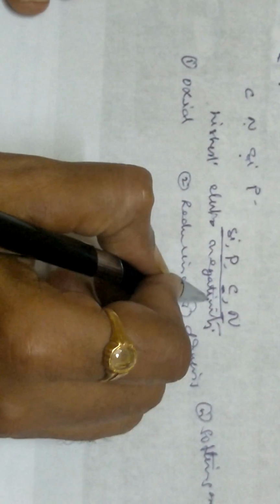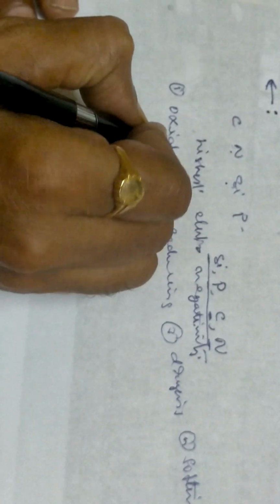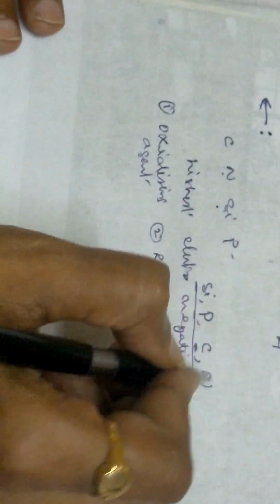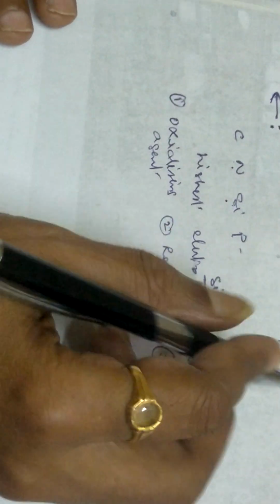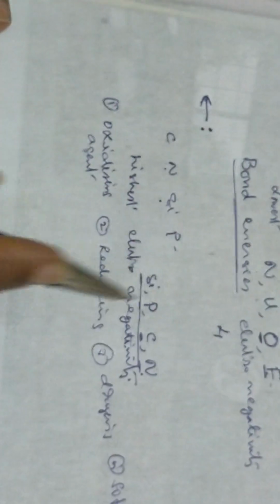The more the electronegativity, the more oxidizing it is, so it is an oxidizing agent. So fluorine, then oxygen, then chlorine, then nitrogen are all oxidizing agents.